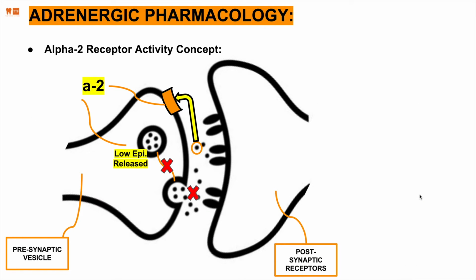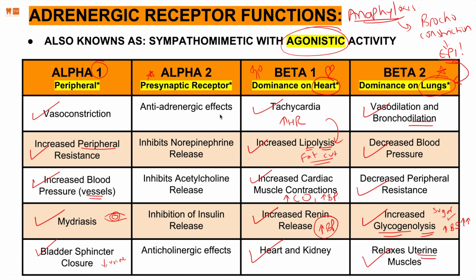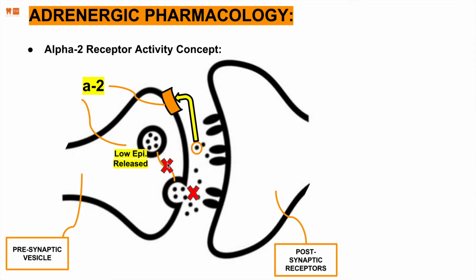Okay, so as promised, alpha 2 receptor activity in the picture first, then the chart. So remember we said, this should be easy now, guys, that presynaptic vesicle will have vesicles with epinephrine in it that tend to go out with calcium being involved, right? Epinephrine goes out, attaches to the receptor, and voila, we have action.